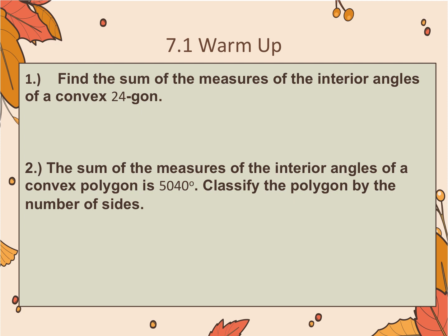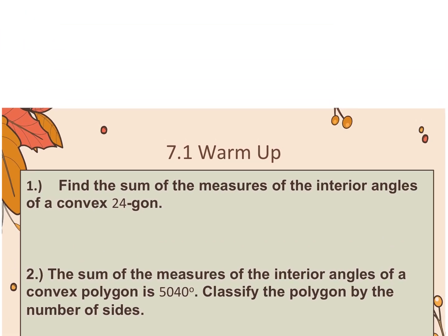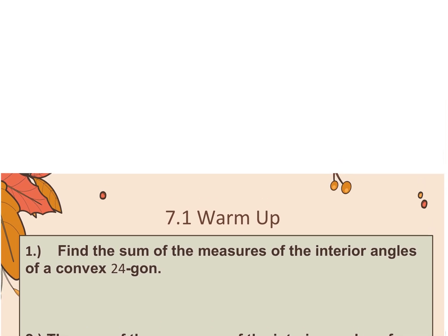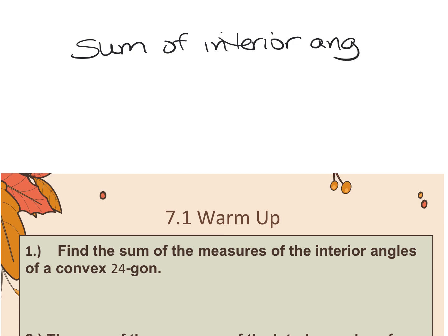Now, before I do this, let me tell you the 4 formulas that you need to memorize for tomorrow. First of all, whenever the question asks you to find the sum of the interior angles, we're going to be using the formula n minus 2 times 180.